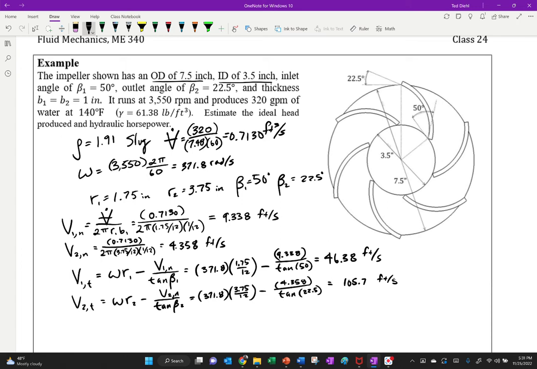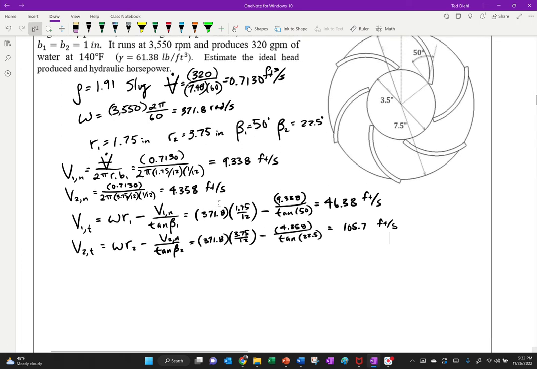We really wanted that because we wanted to use Euler's turbomachine equation, which we will write, and this is the ideal case, by the way.